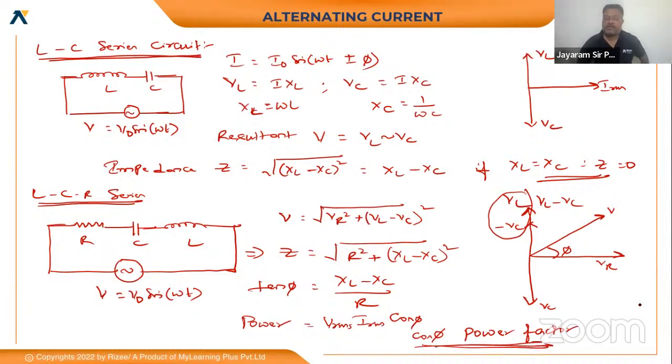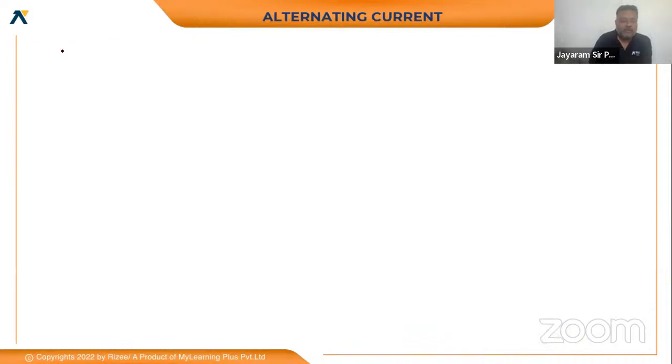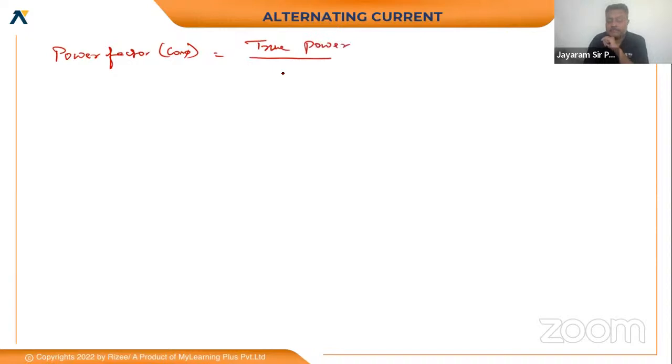Power factor is generally defined as true power by apparent power. That is, power factor, that is cos phi, is equal to true power by apparent power.